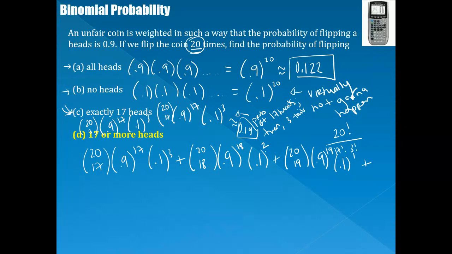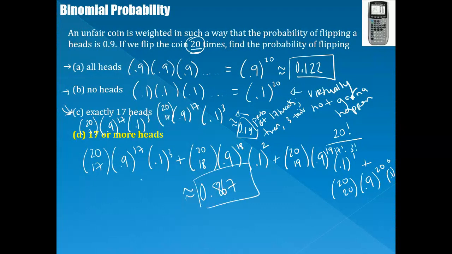And I could do this last one, or realistically, it's just what we did up here, because 20 choose 20 is just 1, and then 0.9 to the 20th power, 0.1 to the 0, if I want to keep going. And when you do all this nice math in your calculator, you're going to get approximately 0.876.